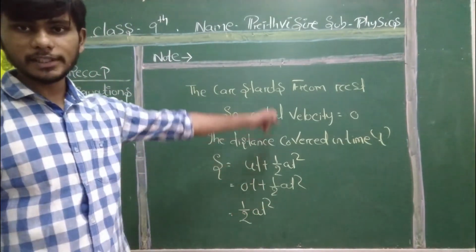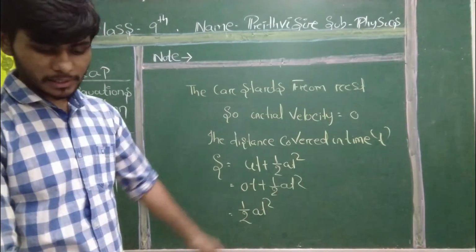Zero multiplied by t is 0, so the answer will be half at square.